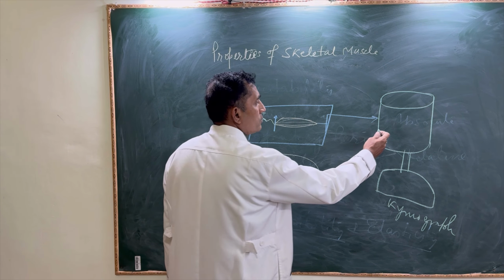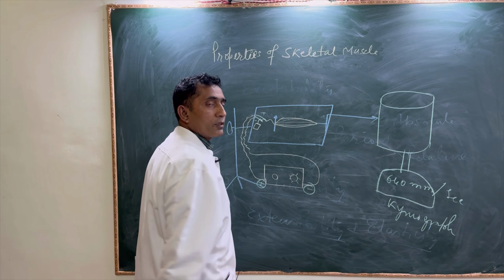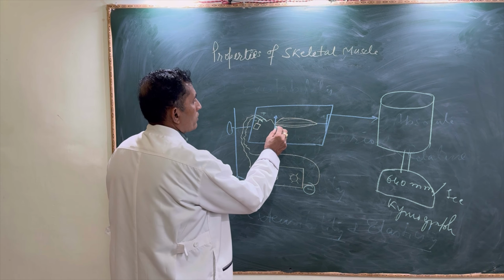This drum can be rotating, at a speed of 640 millimeters per second. If you fix this speed, then the drum will be rotating. Now what will happen? If you provide a threshold stimulus, then you can record the mechanical event of the muscle.